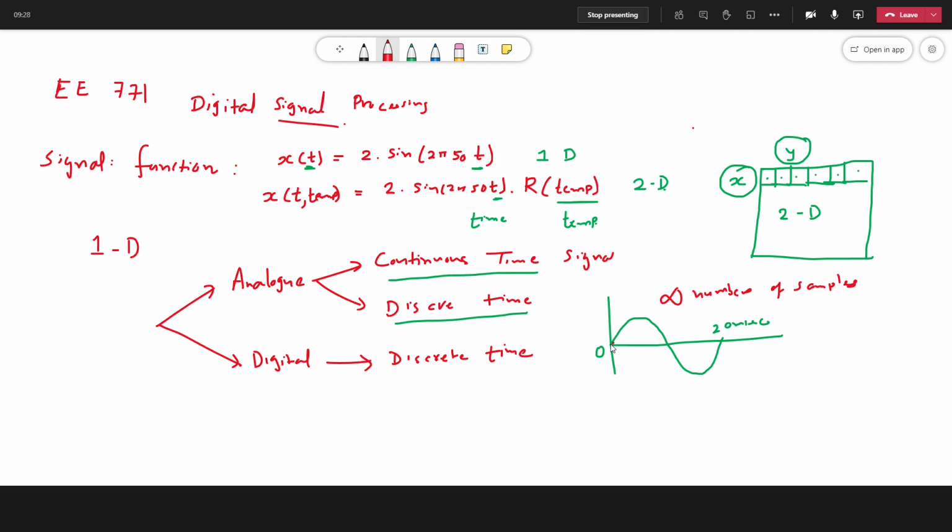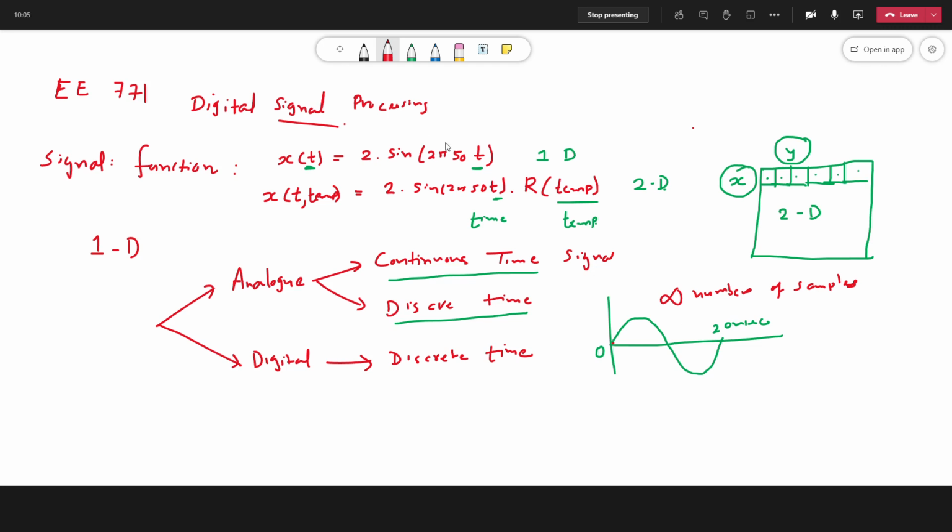Signal available at zero time, signal available at 1.0000001 millisecond, signal available at 1.000000001 millisecond, and so on. So ideally speaking, if I want to draw this signal without any error, means with zero error, I need to have information of infinite numbers of samples.